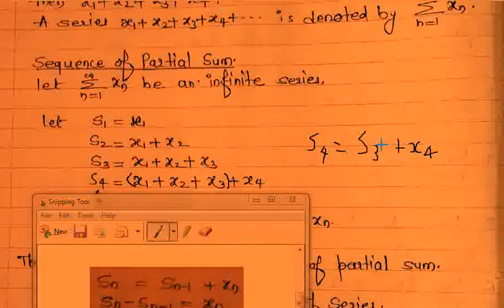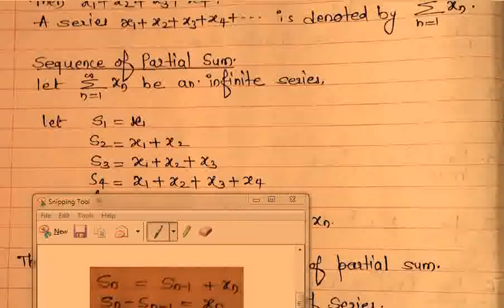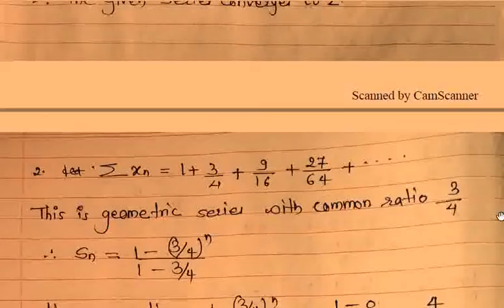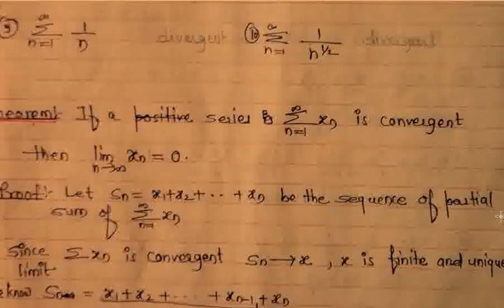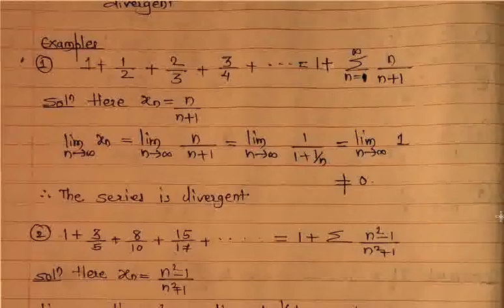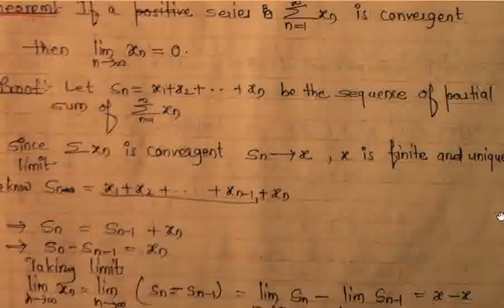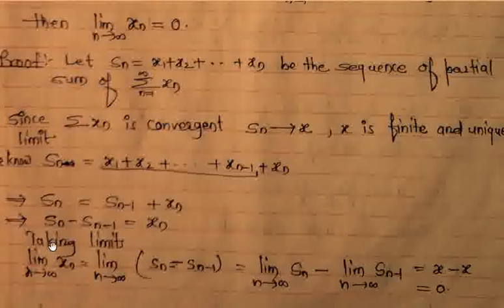Okay, so if you take the limits of Sn minus S(n-1), right, you get X minus X. So if Sn is equal to X, right, X minus X here.